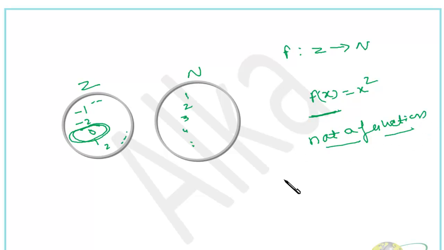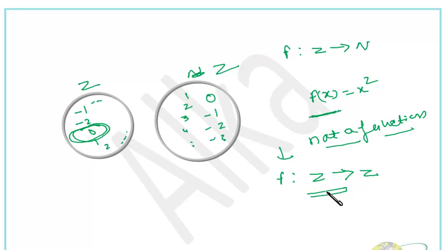Right? Instead, it would have been f from Z to Z. That means this is also the set of integers, and this is also the set of integers. In that case it will be a function, because even 0 will have an image. In this circle 0 will be there, minus 1, minus 2, all the negative integers will be there, positive integers will be there, as well as 0, for this particular relation I'm talking about.